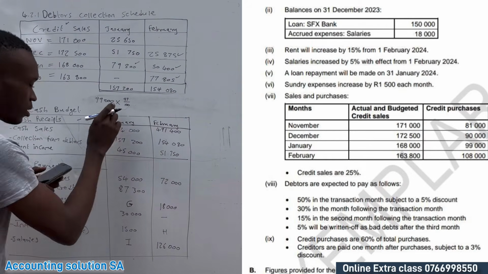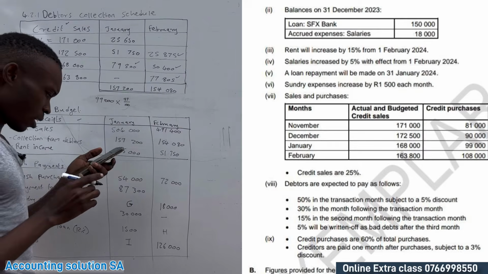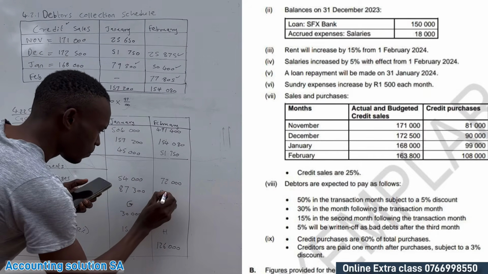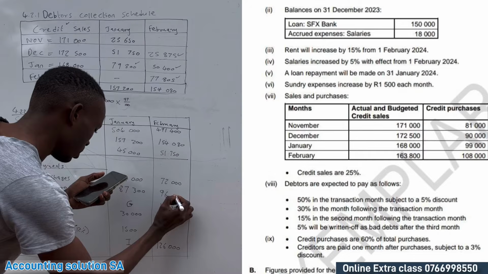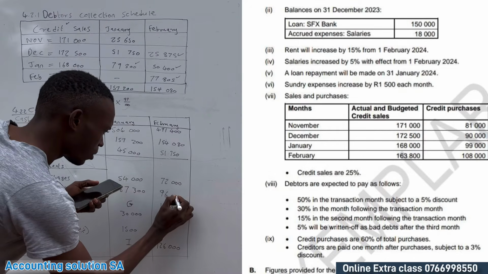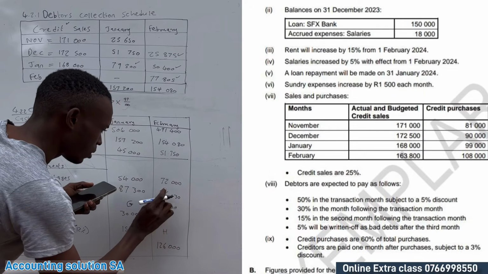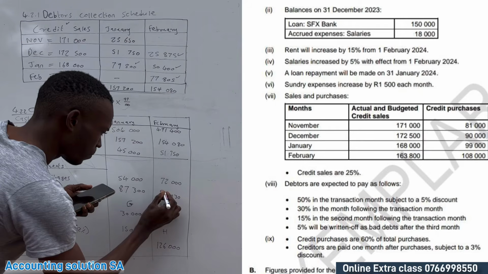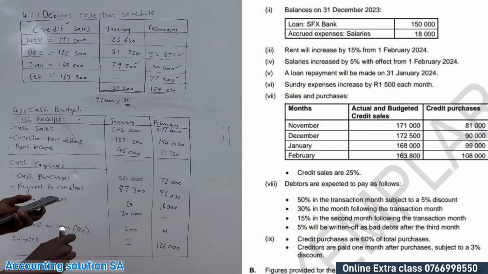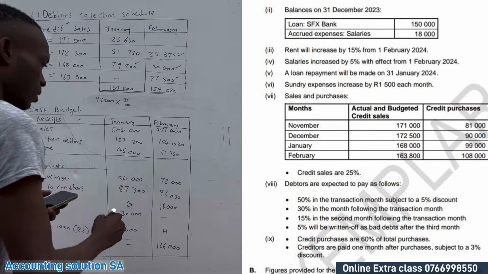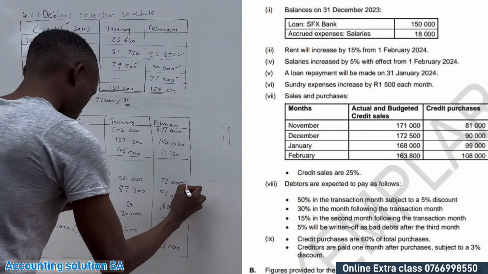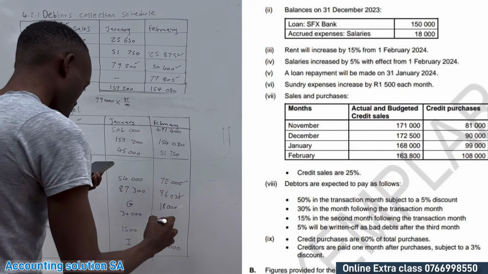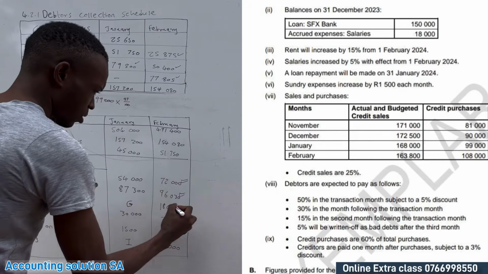Then if you do this calculation, you are going to get amount of 96,030. Okay, just like that. Then it's mark here, it's not just a mark, it's 2.